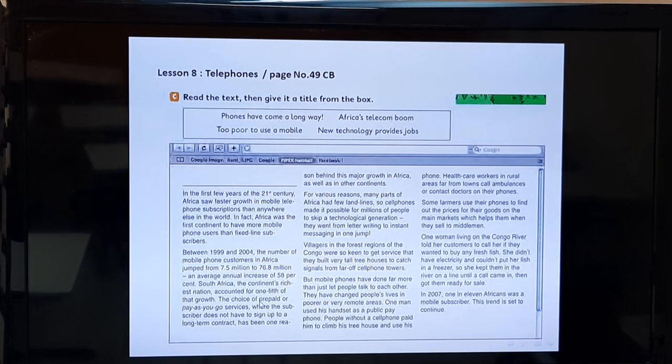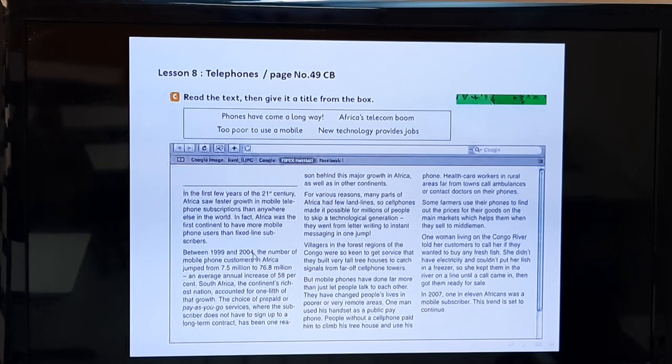So we have the first sentence, important up to the full stop, and in the second paragraph we have the sentence between 1999 and 2004, the number of mobile. These numbers or figures are important. Then we have this phrase: the choice of prepaid.